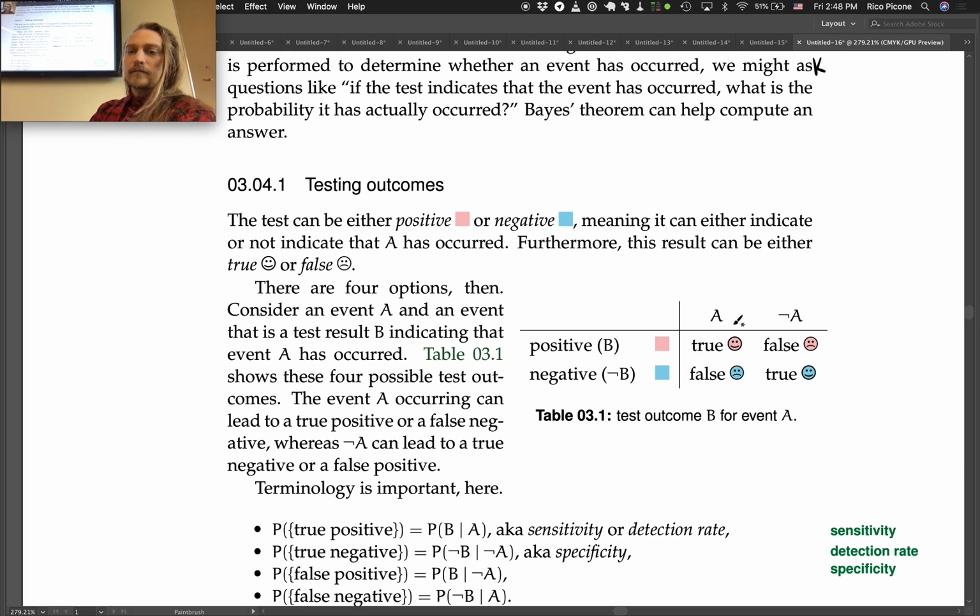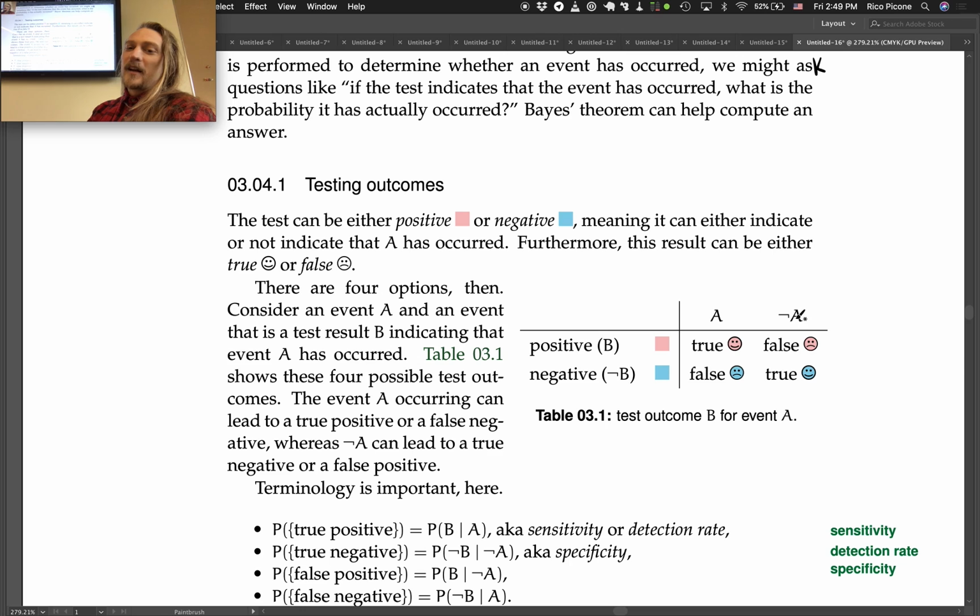So, the easiest example to bring it home is a test for something. Let's say it's a pregnancy test. You might be pregnant, and the test might say you are pregnant. It might also say you're not pregnant, in which case it would be a false negative.